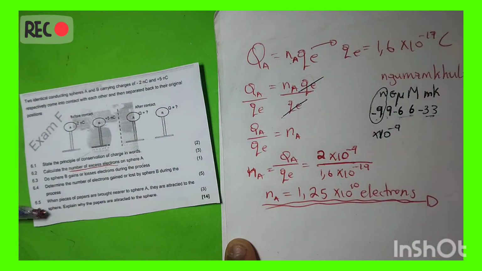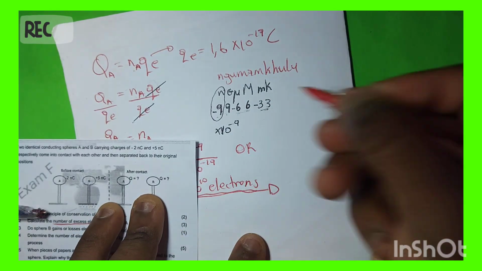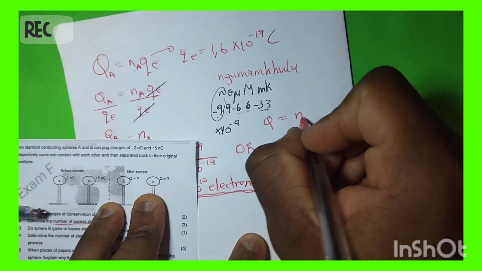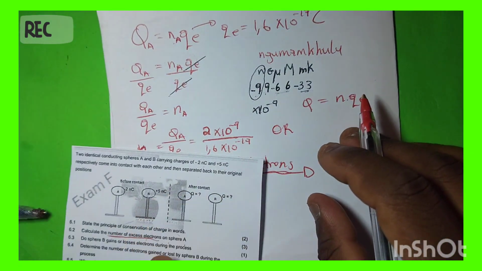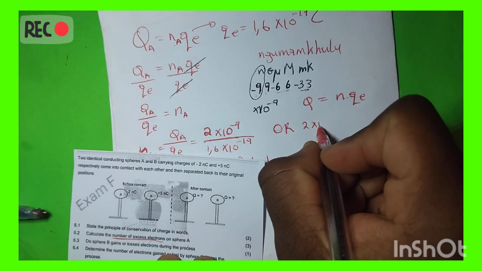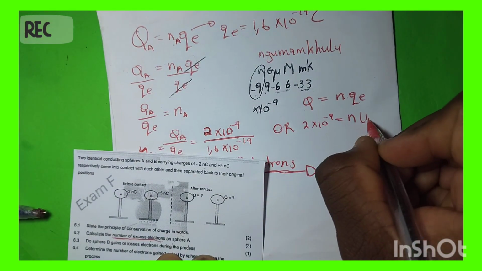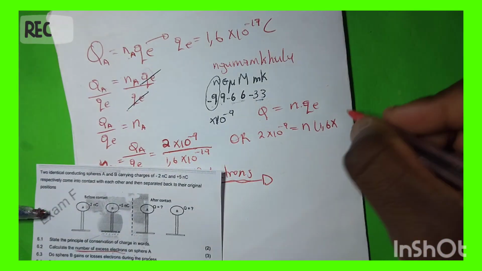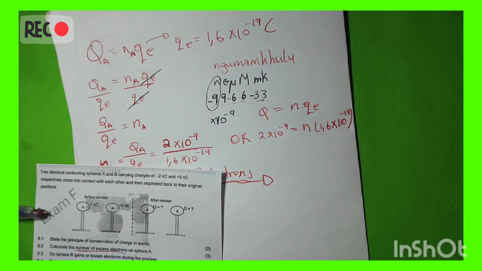Or if you feel that this is still straightforward, you can even use that equation in a normal way. Then you just substitute, whereby you are given that charge, which is 2 multiplied by 10 to the negative 9, and this one is the one that you want to solve. Multiply this by 10 to the negative 9.